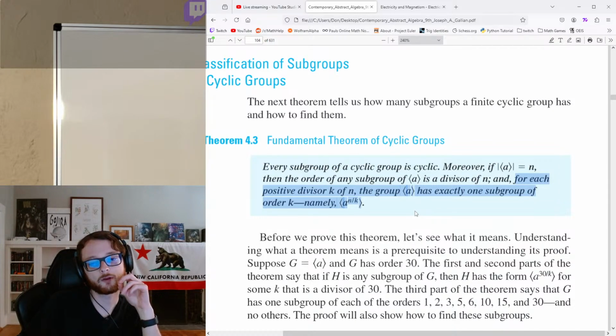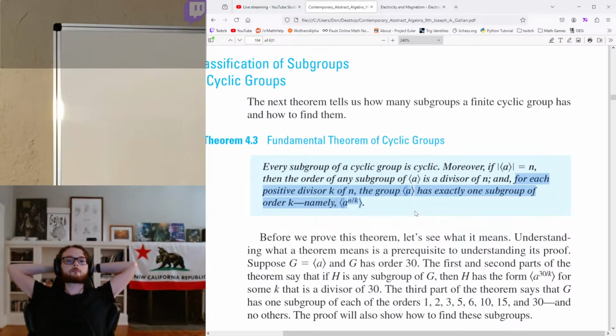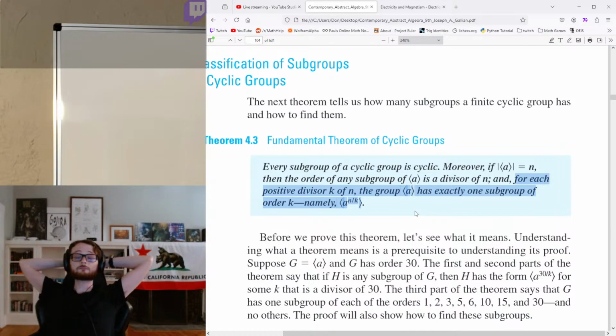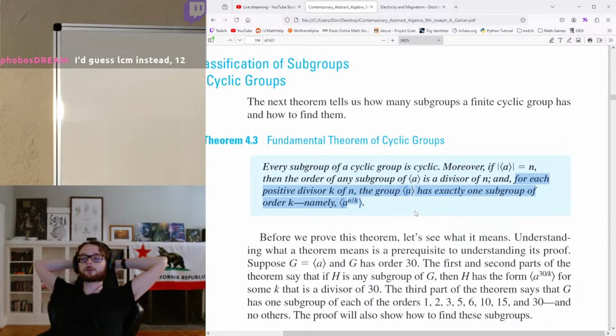So if 4 and 6 are subgroups, then I think 4 times 6 is our n, which is 24. And so it must have a subgroup for each divisor of 24, right? So 1, 2, 3, 4, 6, 8, 12, and 24.